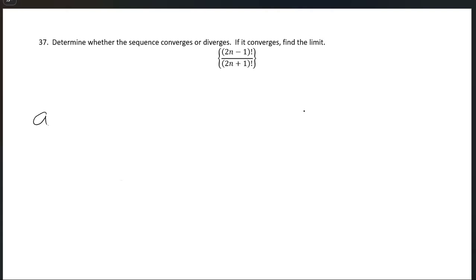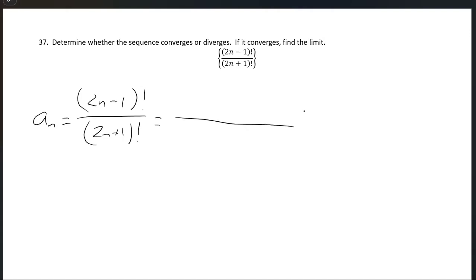So our a sub n is 2n minus 1 factorial over 2n plus 1 factorial. Which one's bigger, 2n minus 1 or 2n plus 1? 2n plus 1. So we're going to start breaking off some terms. 2n plus 1 factorial is the same thing as 2n plus 1. Next term, we subtract 1, so that's 2n. Next term, we subtract 1, so that's 2n minus 1.